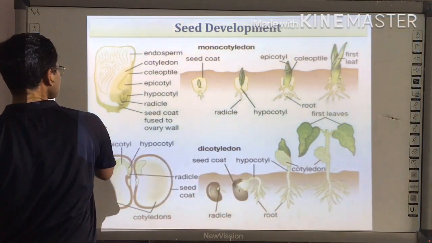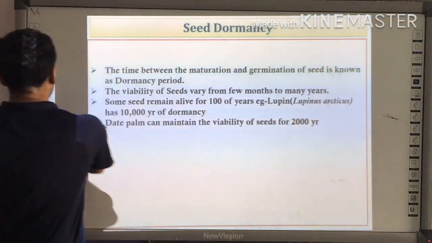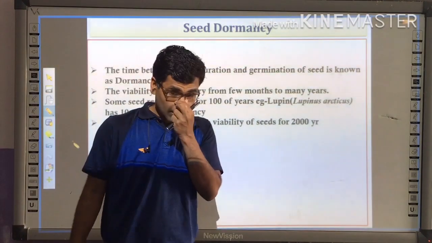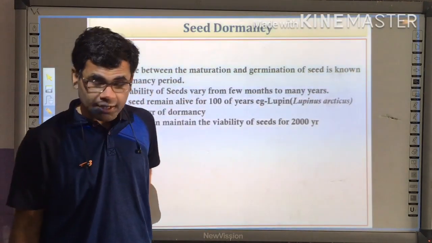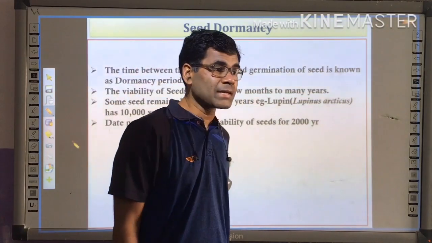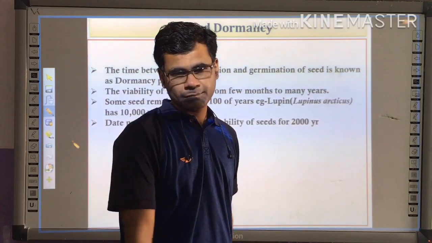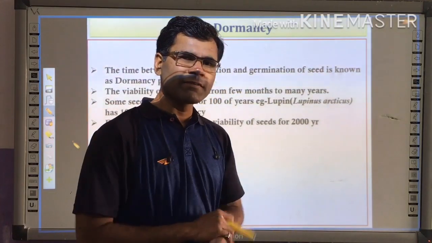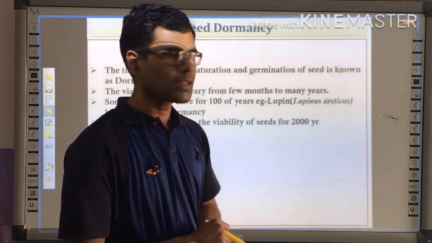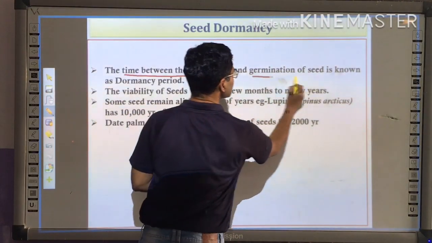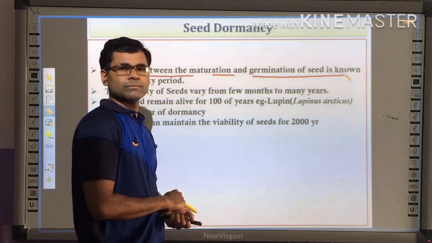Well, next, a very important part, and that is called seed dormancy. At the starting of this lecture I told you that seed can remain in a dormant state for many years. Right. So how can we define seed dormancy? Seed dormancy is the time between maturation and germination of the seed.